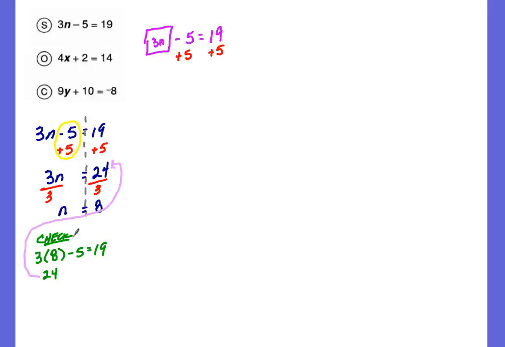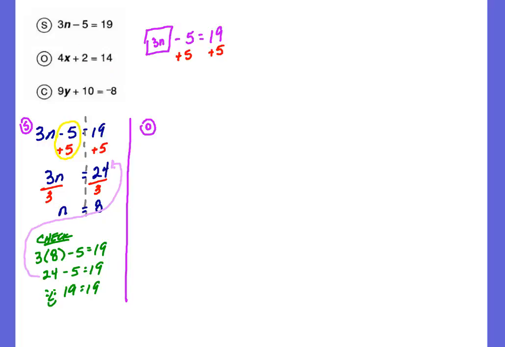It's what we had before we divided by the 3. 24, take away 5, is indeed 19. And that tells me that I did that first problem correctly. That was problem S.